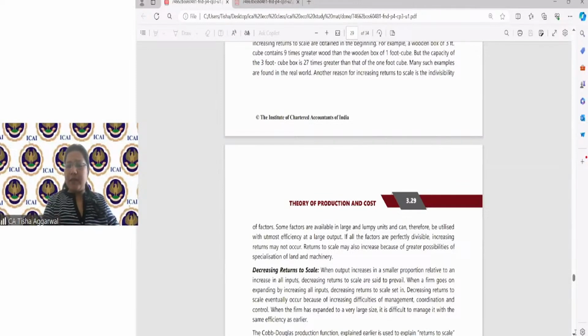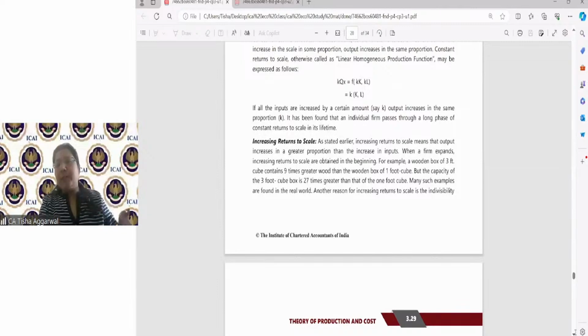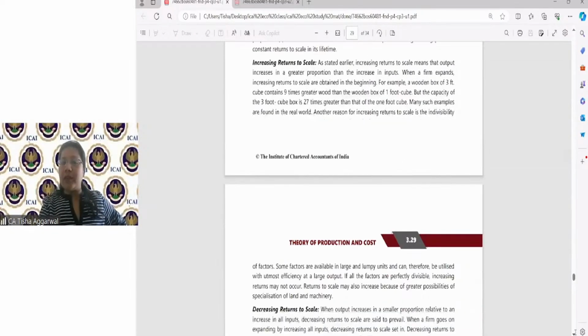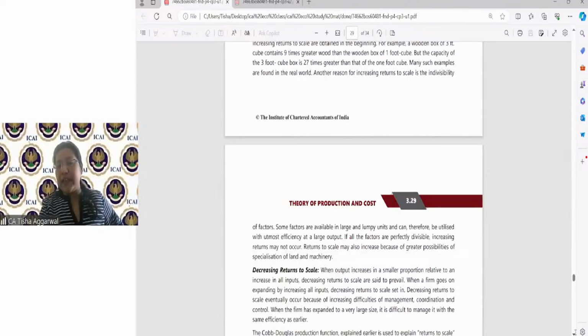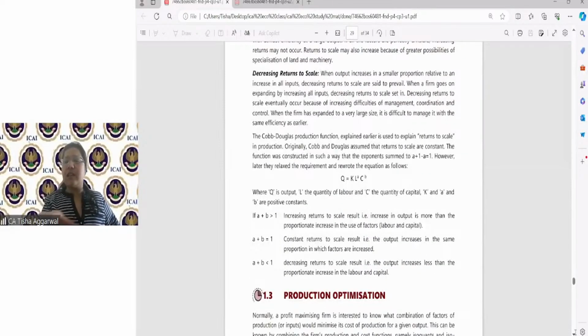If there's a 10% increase in input, the output rises 20%. That's increasing returns to scale. Input goes up 10%, output comes out to be 20%. Decreasing is when input goes up 30%, output comes only 10%. What is constant? Constant is simple. Constant says 10% input increase, 10% output increase.